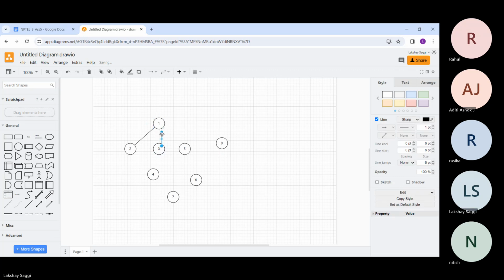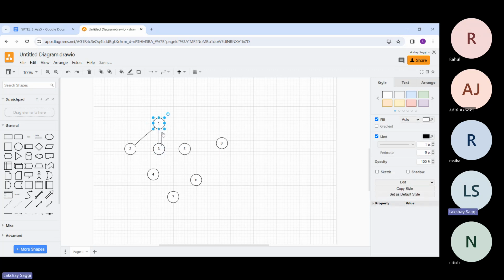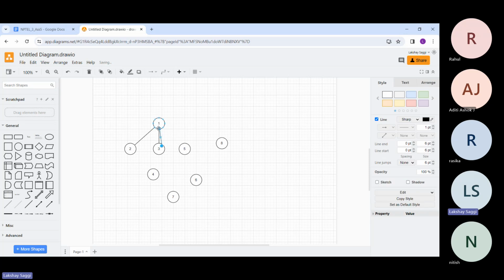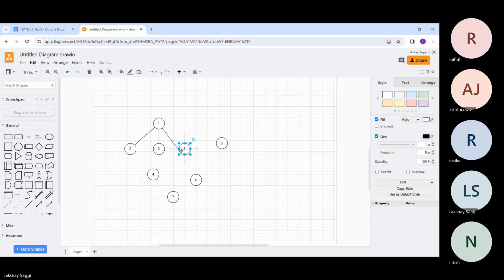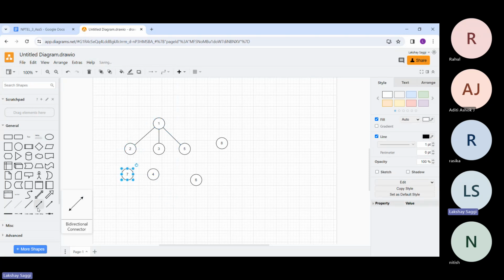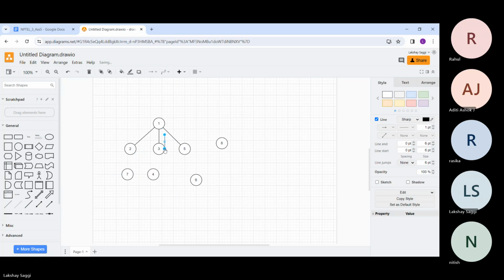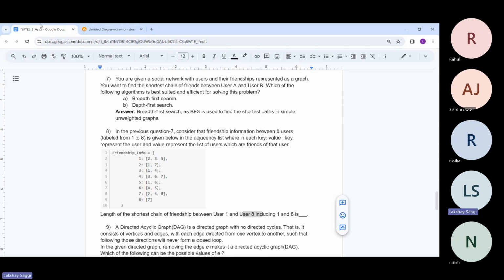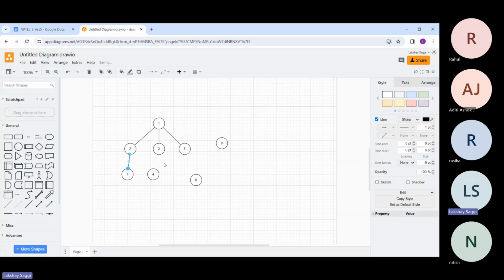And now 2 is friends with 1 and 7. So 2 is friends with 1 already, and now 2 is friends with 7 also. Now 3 is friends with 1 and 4. So 3 is already friends with 1, and 3 is friends with 4 also.